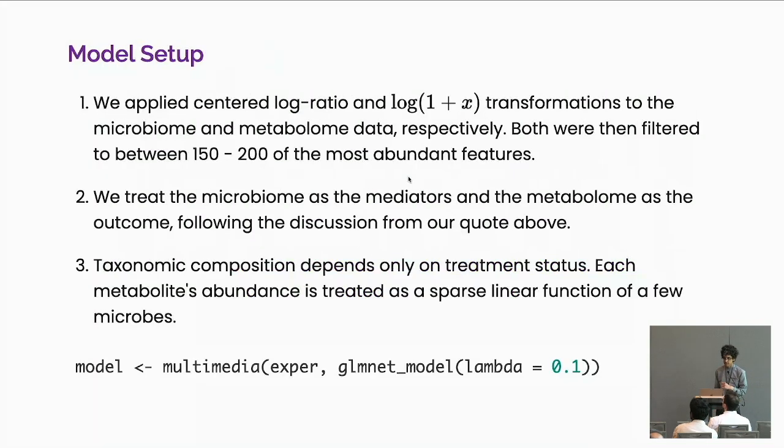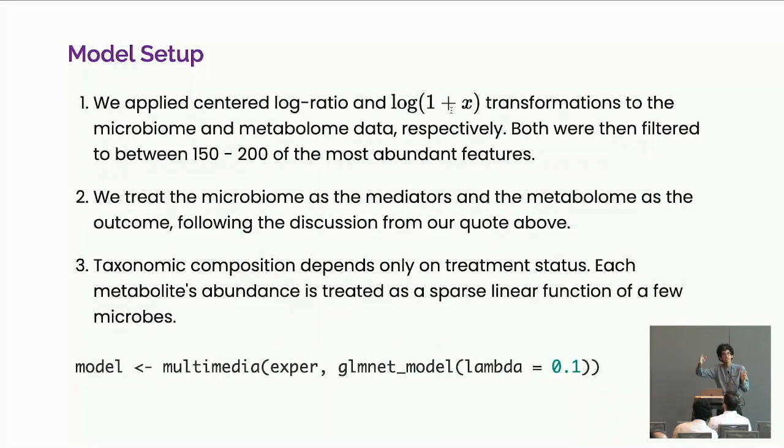Pre-processing: I wanted things to run fast, so I just pre-processed it so I can use glmnet, linear models. I applied a kind of compositional transform, a log transform, for the metabolome. I'm going to treat the microbiome as the mediator, the metabolome as the outcome. So think of any change in the metabolome from this disease versus healthy groups.